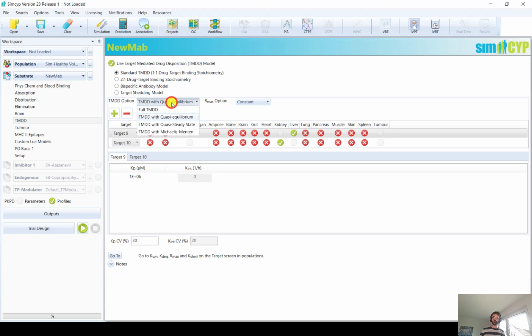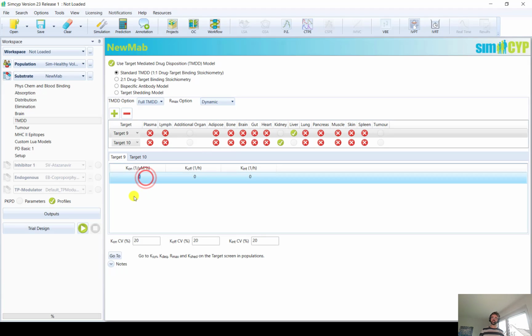There are also two other model choices: quasi-steady state, which also assumes an equilibrium between the binding and the internalization, and a Michaelis-Menten model that's more familiar for population PK modeling. There's also an option for a constant Rmax, which means the internalization rate is grayed out, similar to the degradation rate of the target, or it can be dynamic.